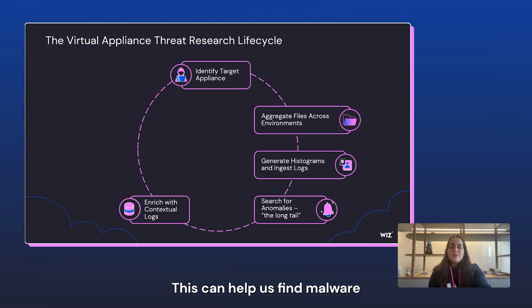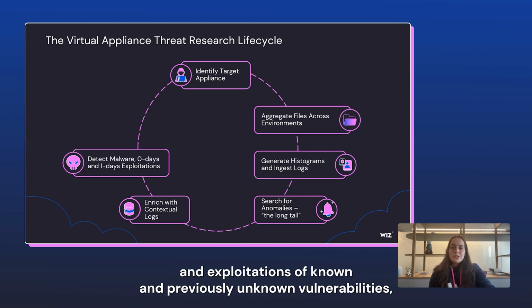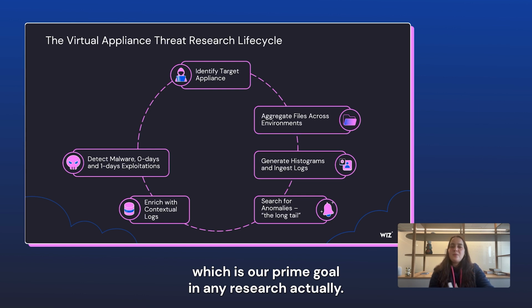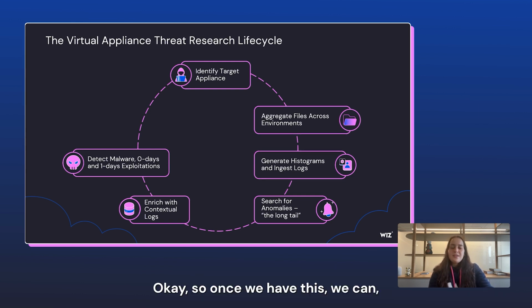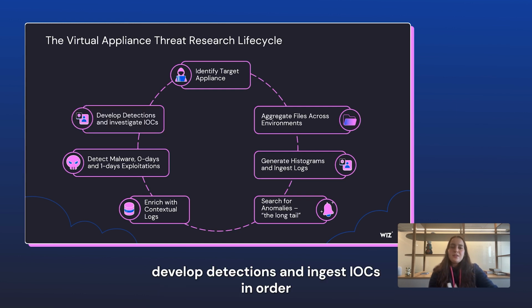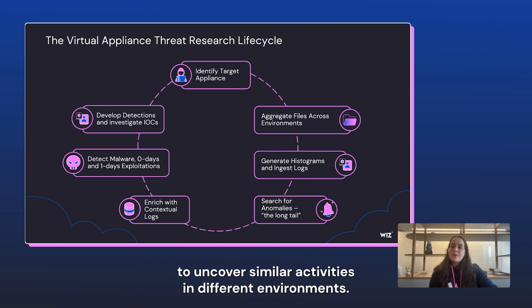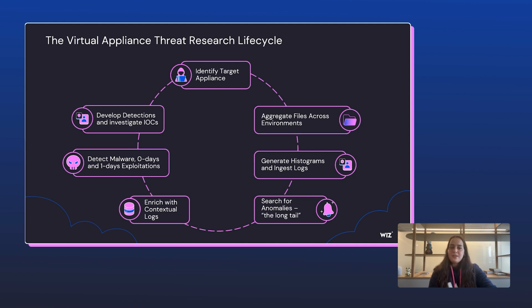This can help us find malware and exploitations of known and previously unknown vulnerabilities, which is our prime goal in any research, actually. Once we have this, we can develop detections and ingest IOCs in order to uncover similar activities in different environments.